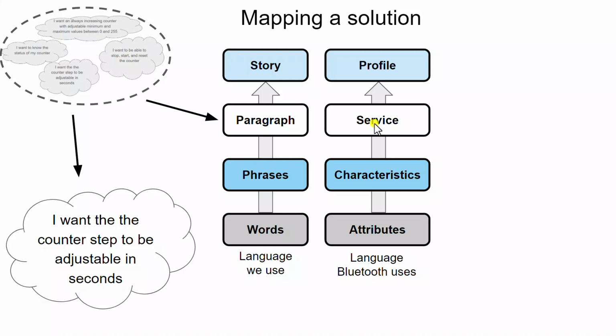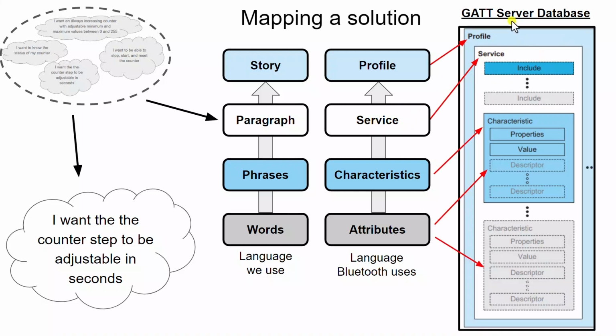And with that, we'll see that the storage of this information, the base words, the lowest level attributes, that are then combined to form characteristics and then a service, is stored in something called a GATT server database. And we'll go through what this acronym means later on.